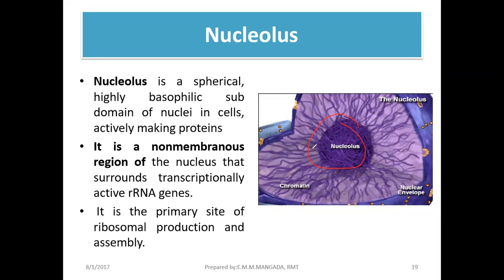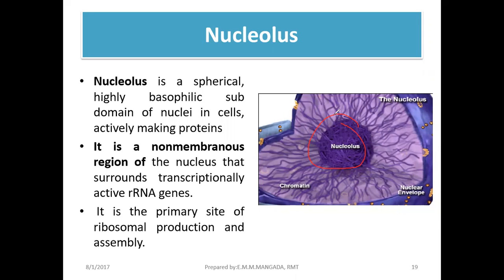It's a spherical, highly basophilic subdomain of nuclei in cells and is very active in making proteins. So it's metabolically active. It is highly basophilic. It is a non-membranous region of the nucleus that surrounds transcriptionally active rRNA genes or ribosomal RNA genes.